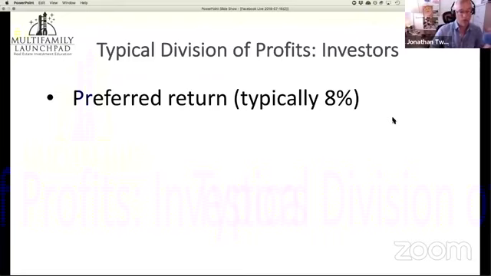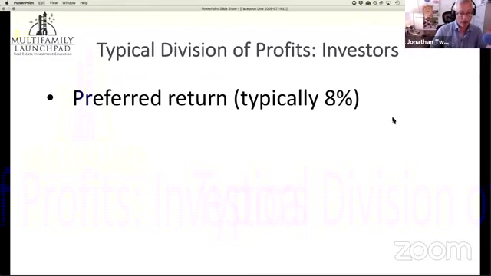So to make this more easily understood, let's say you have an 8% preferred return and 1 year you only make 7%. Well, obviously you don't participate as the sponsor that year because your investors didn't get their 8. But the next year you have to make 9. You have to pay them 9 before you can go to your split above the return. So that's what a cumulative preferred return is.